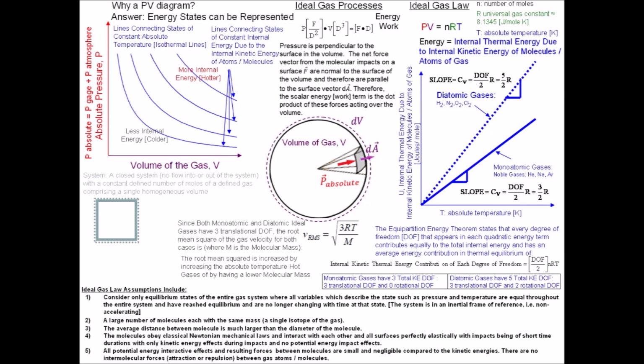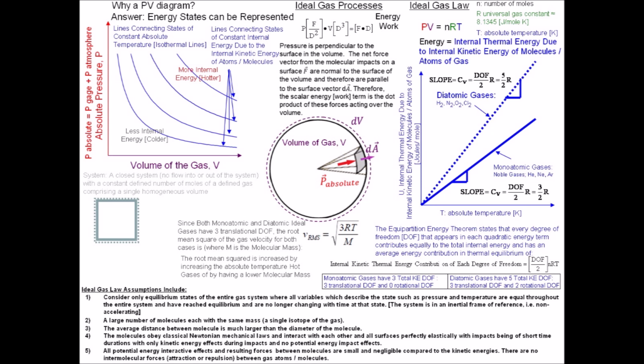For example, looking at one of these blue lines, that blue line represents the exact same temperature at all these states. And since the temperature is the same, the product of temperature times the universal gas constant times the constant number of moles in that closed system all represent the same amount of internal energy.